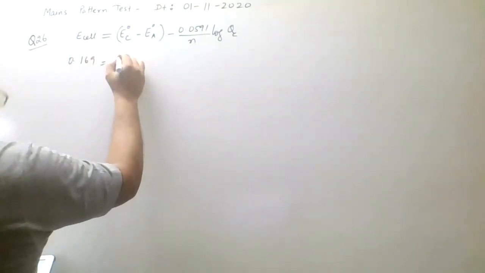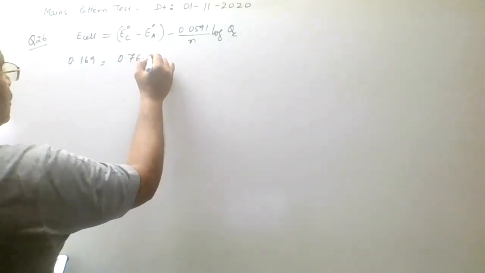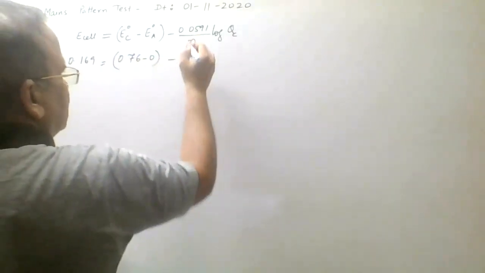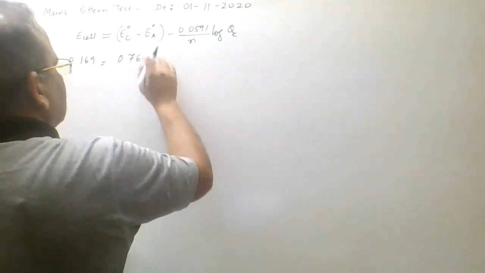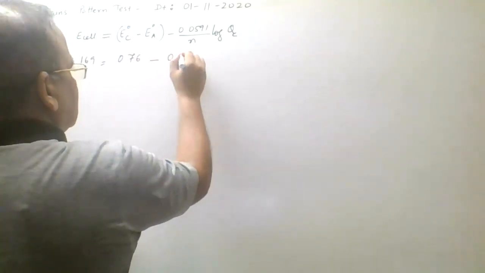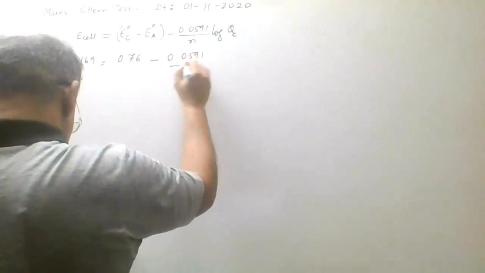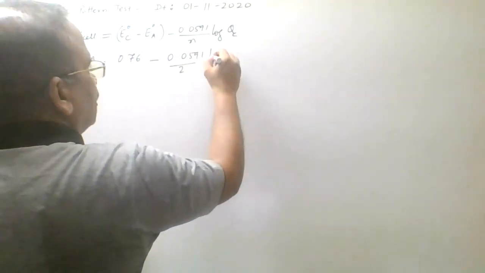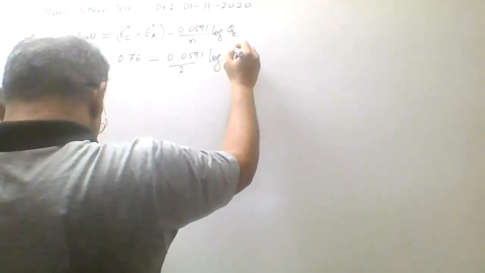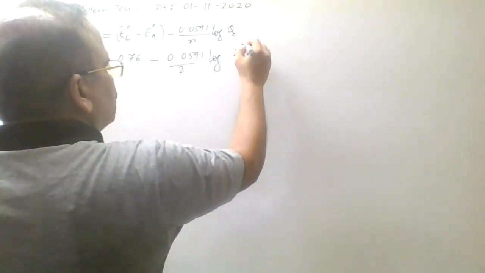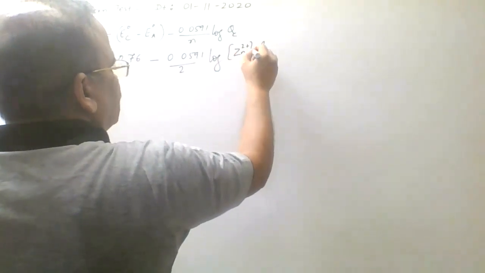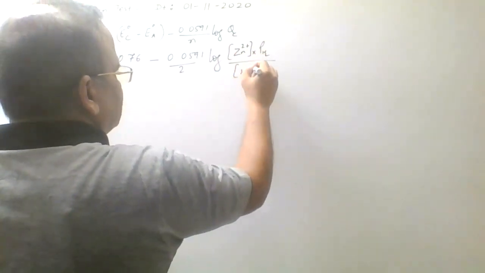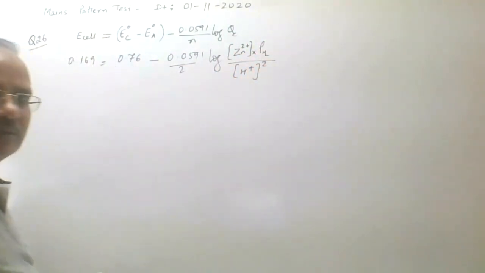This will be 0.76 minus 0, minus 0.0591 upon 2, which is given to us, log of the concentrations: zinc ion is mentioned to us, partial pressure of H2, it is a standard electrode we know that, and the concentration of H plus squared.